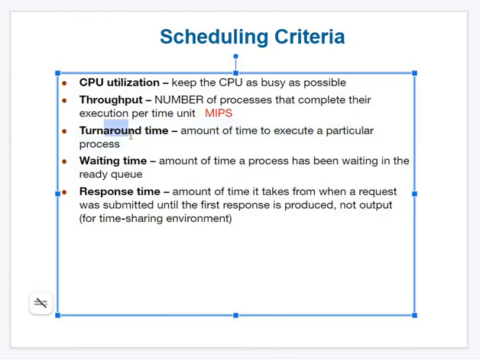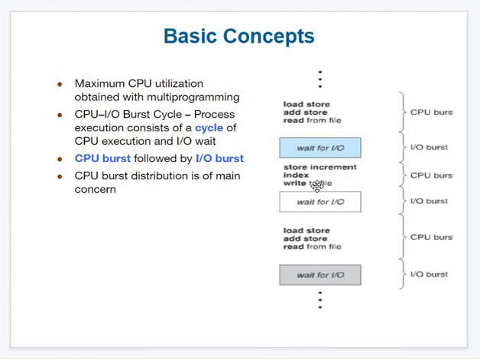Now comes turnaround time. Please make a difference: CPU time is not the same as turnaround time. Turnaround time includes CPU time plus waiting time. Coming back to this diagram, if I add only the CPU bursts, it becomes CPU utilization. If I add the IO burst 1, IO burst 2, IO burst 3, it becomes the waiting time.